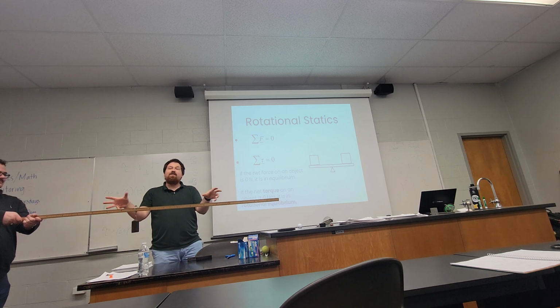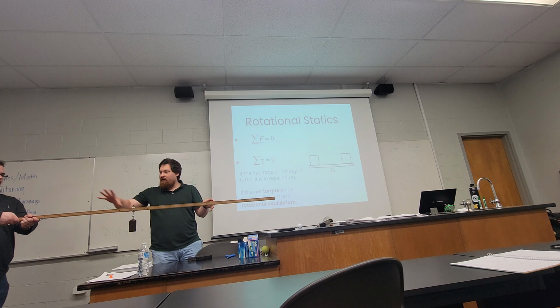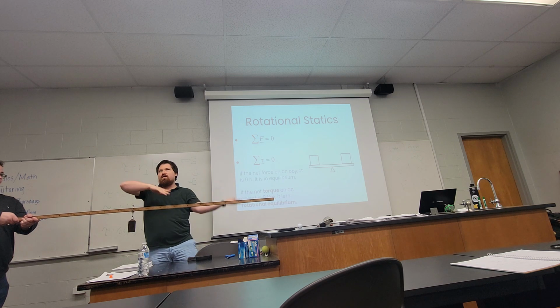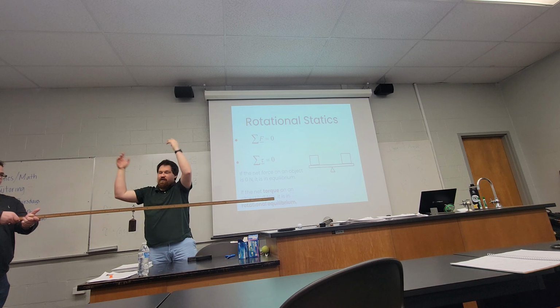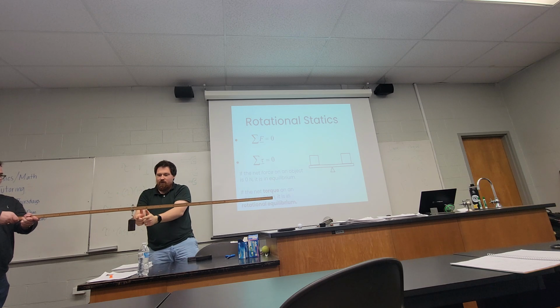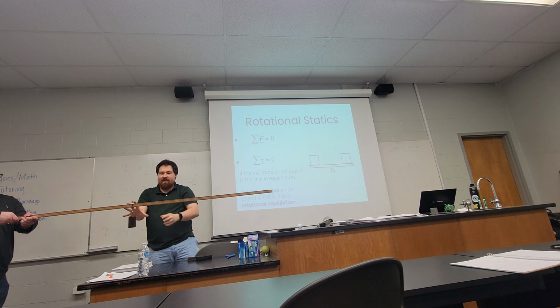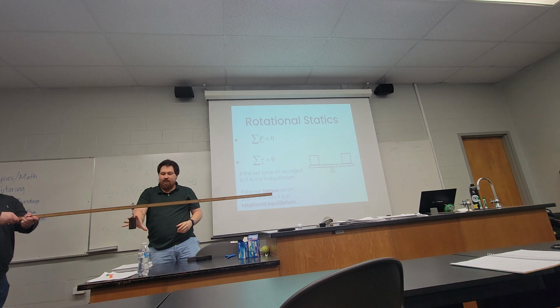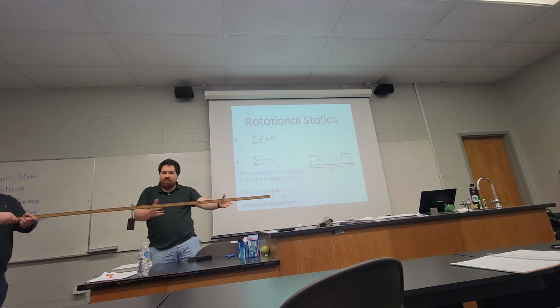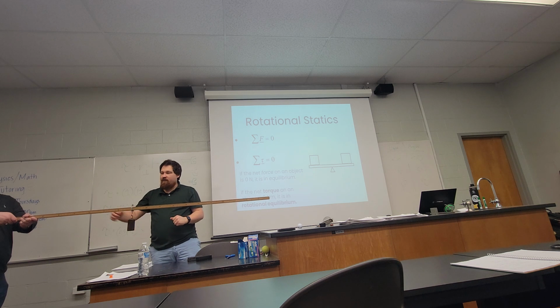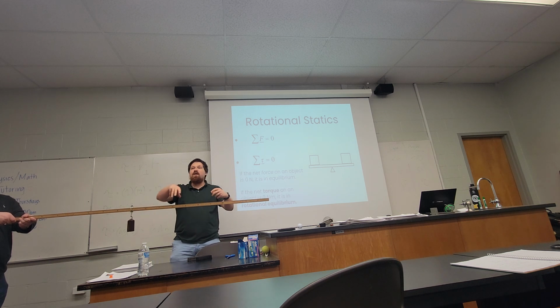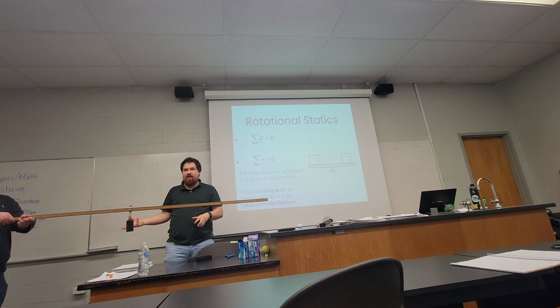In order to keep this thing in rotational equilibrium, more counterclockwise torque is needed from Will in order to counteract the clockwise torque being generated by this thing. And furthermore, if I would make it go even further down, that increases the radius even more. That's even more torque needed to counteract it.